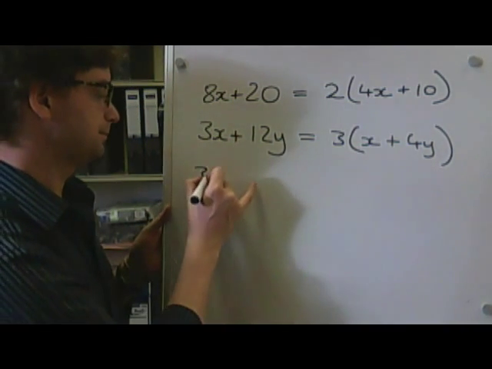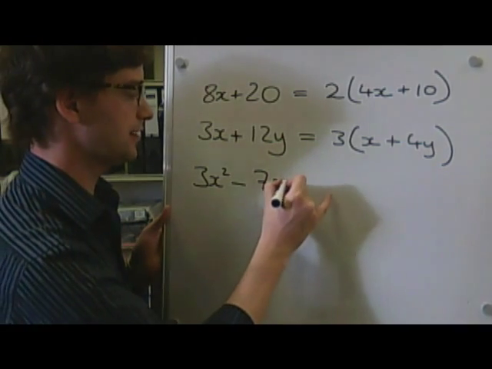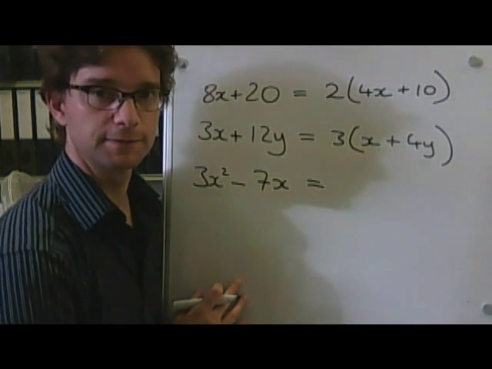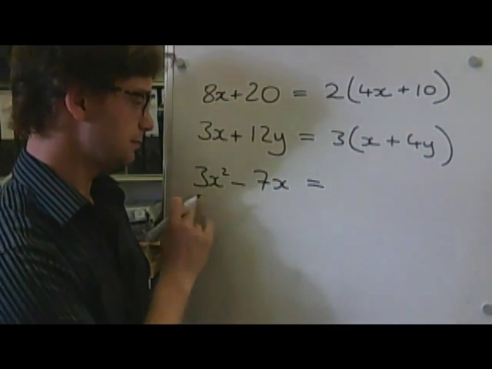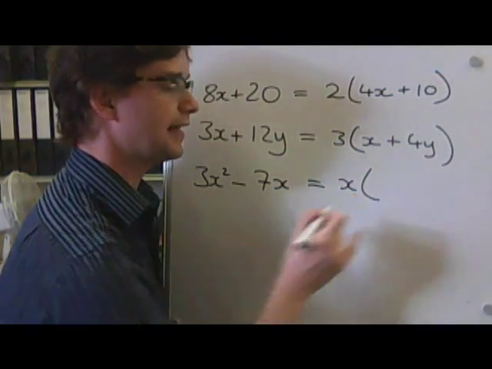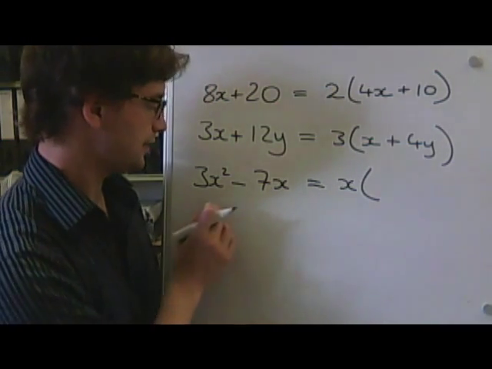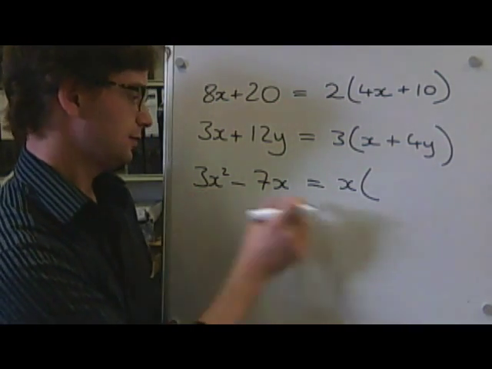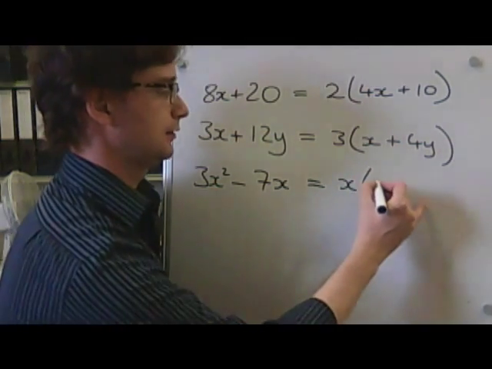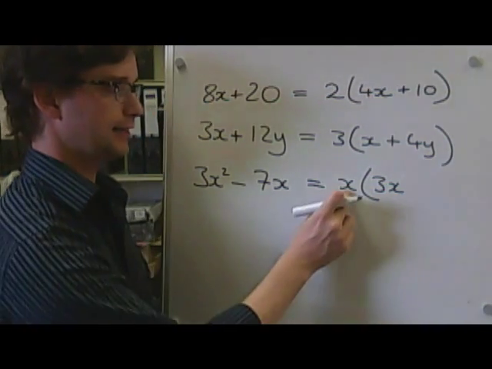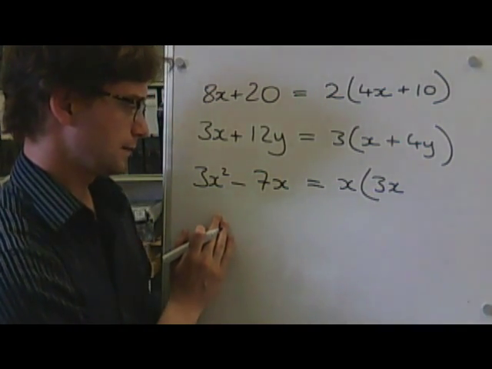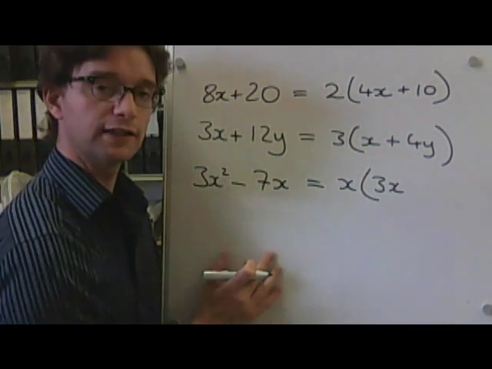How about this one? 3x squared minus 7x. What's the thing that goes into both sides of this? Well, it's not a number. I can't get numbers. But I think I've got x's here and x's here. So I think I can get an x out. I can take the x out and I've now got x times what is equal to 3x squared? I think it's 3x. x times 3x is 3x squared. x times what equals minus 7x?